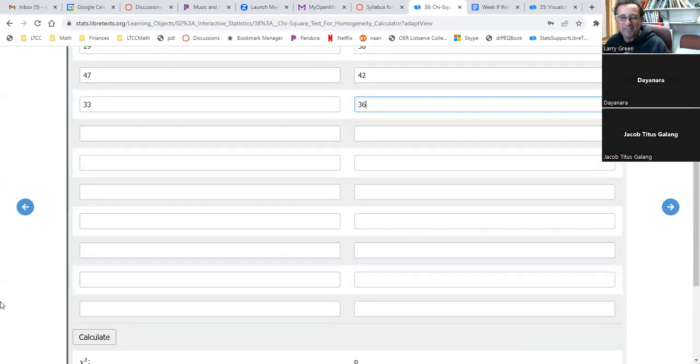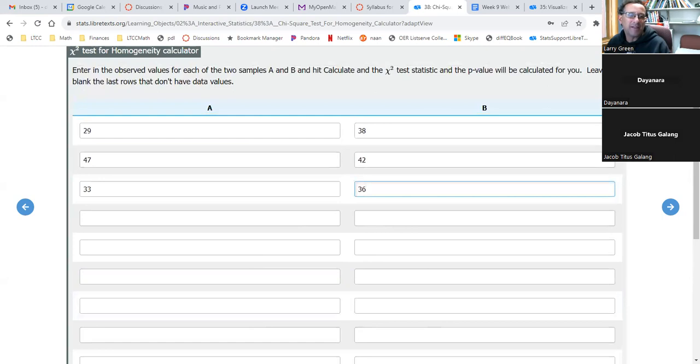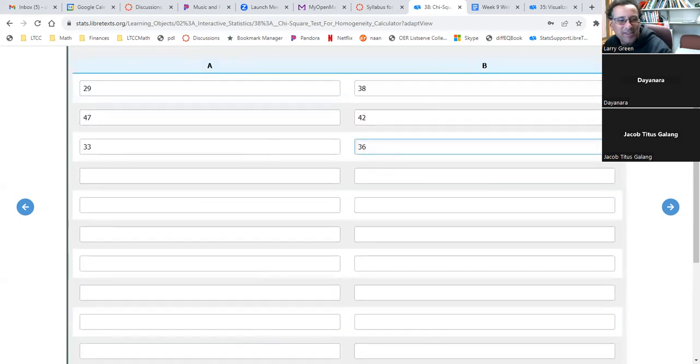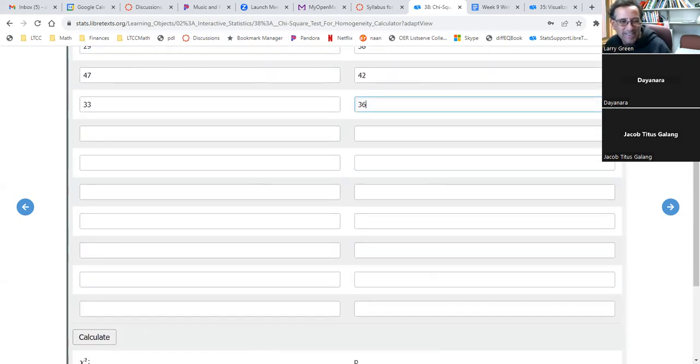You'd have to use a spreadsheet instead. And there is a chi-squared tab on the spreadsheet. If you ever, after this course is over, have to do a chi-squared test and you have more than, how many does this have? 1, 2, 3, 4, 5, 6, 7, 8, 9, 10, more than 10 different categories, then you better use a spreadsheet. The spreadsheet can go on and on and on.